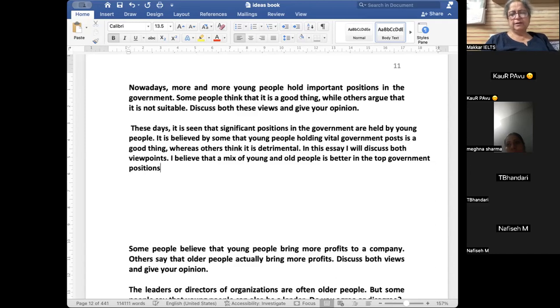Okay, Ma'am, can you write like that? It is believed, like I believe that the mix of both generations of people is better in the top government position. Is the best option, yes. You can say a mix of both generations, young and old. A mix of young and old people is the best option to rule any country.